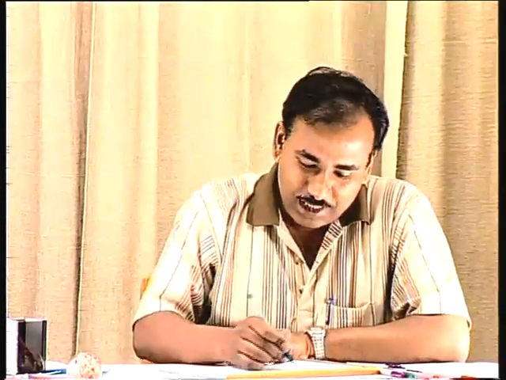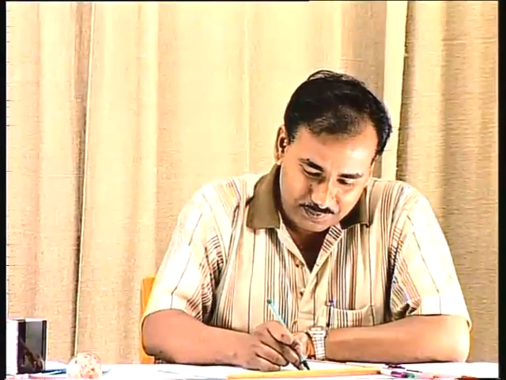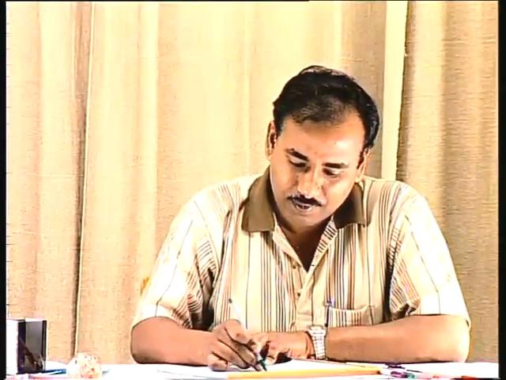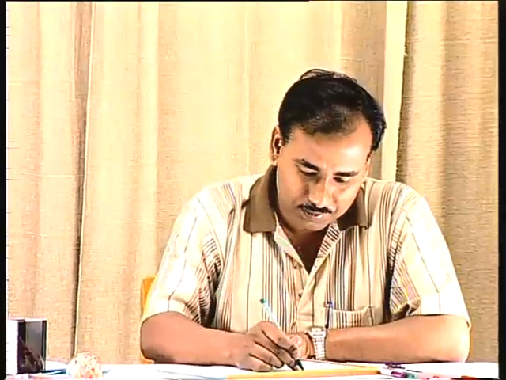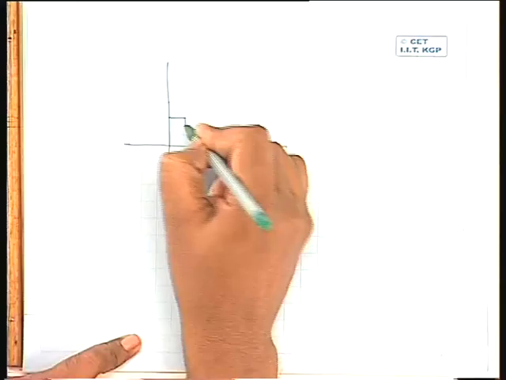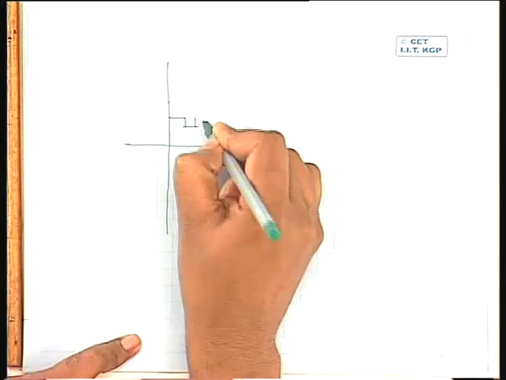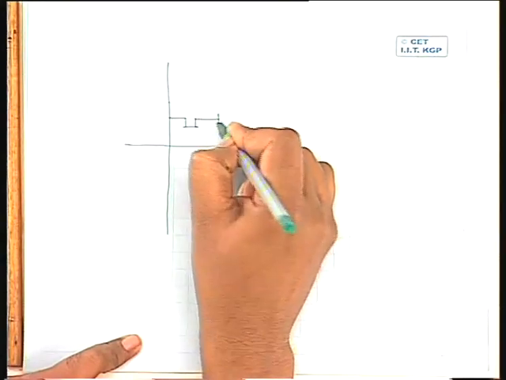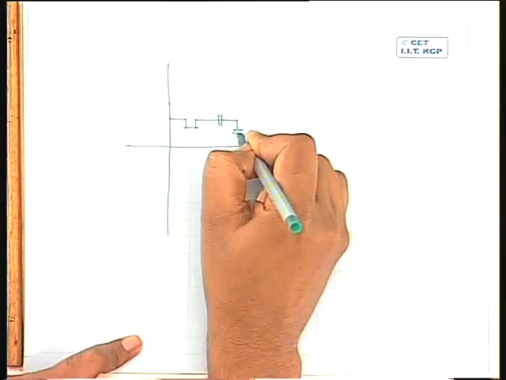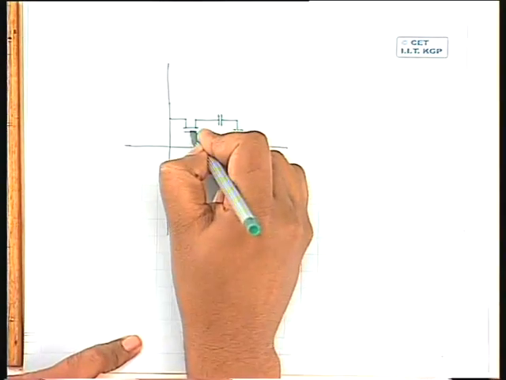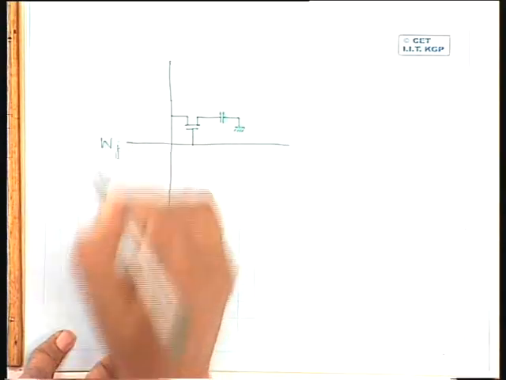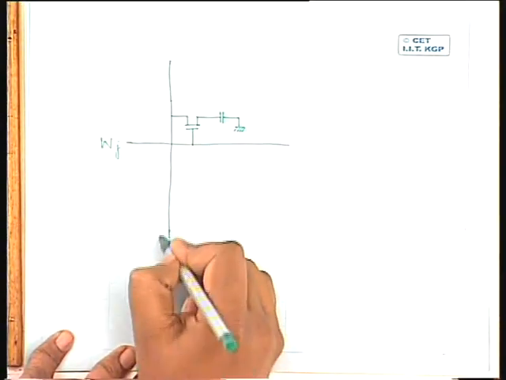It is simply like this. So this is word line Wj, and this is for a particular column, say Ci.